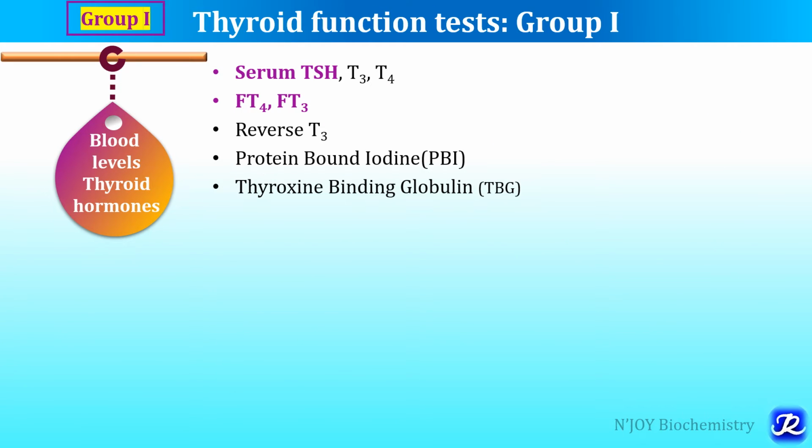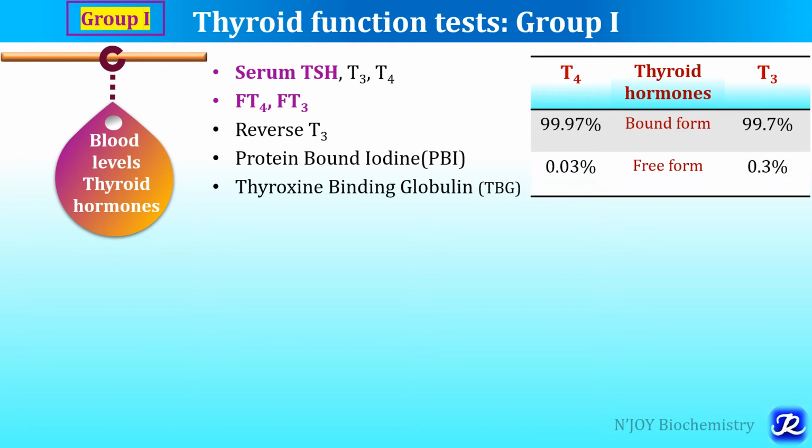Now let's see the significance and interpretation of each group of thyroid function test. Group 1 includes estimation of blood levels of thyroid hormones, and serum TSH and free T3, T4 are the most commonly done group 1 tests to assess the thyroid disorders. We know that thyroid gland produces T4 and T3, and 90% is T4 and 10% is T3.